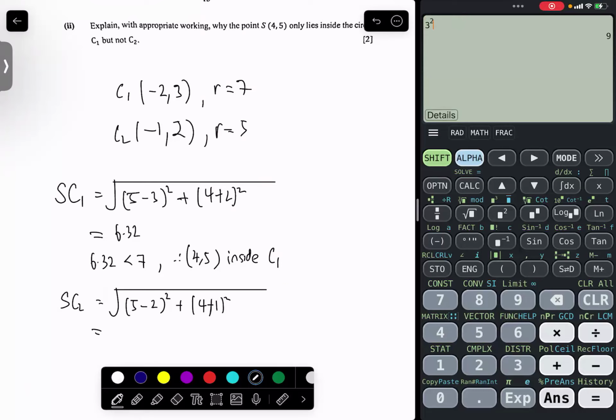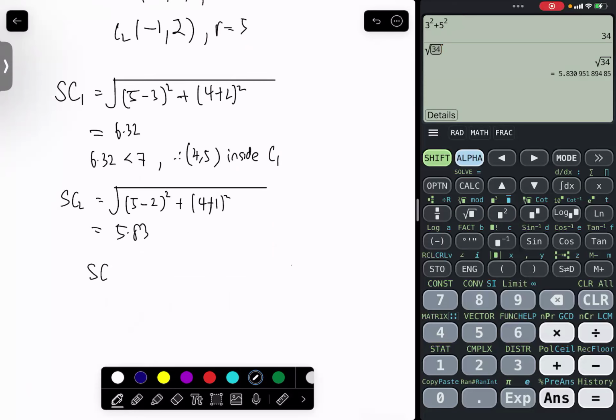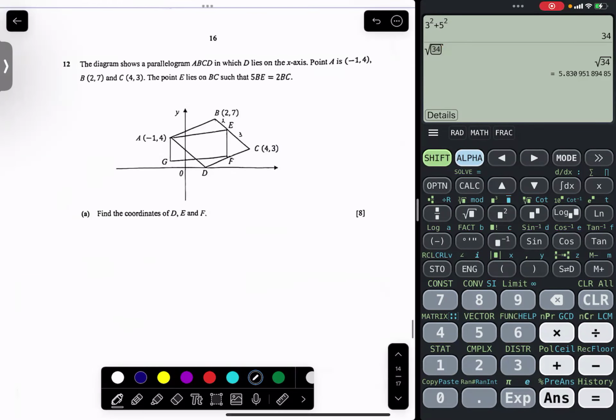Mental sum is a bit failing. Square root of 34 is 5.8. Oh yeah, then it's correct. SC2 is greater than 5, therefore S lies outside C2. Okay, question 12.